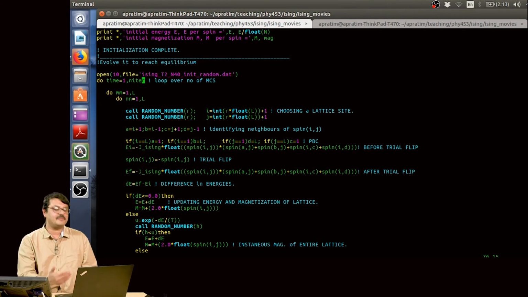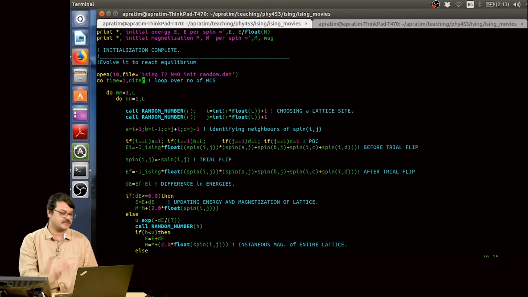We are going to have a niter number of iterations. Niter stands for number of iterations, n iter. We are going to have niter number of independent microstates. That is what we are going to generate after every Monte Carlo step.